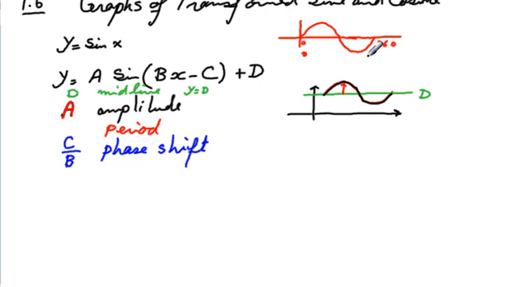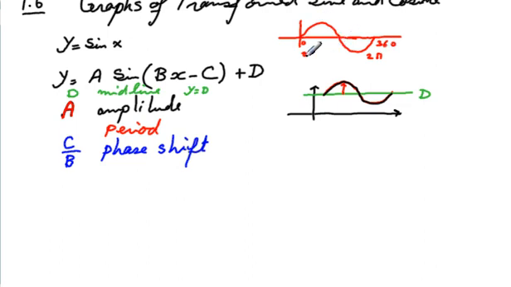Or from 0 to 2 pi, the picture repeats itself. Now if I take my variable x and multiply it by something, like if I double x, it means everything runs twice as fast. I've changed x the same amount as before, but because of a factor of 2 here, everything's going to run twice as fast. Running twice as fast means this picture is going to shrink by a factor of 2.